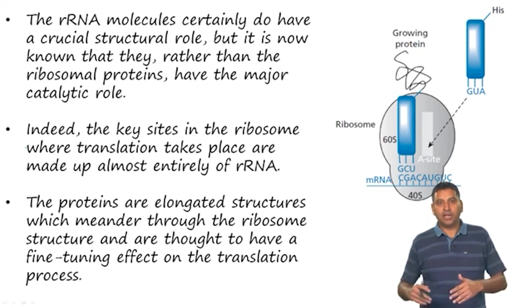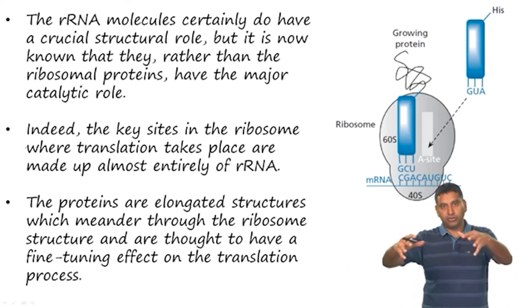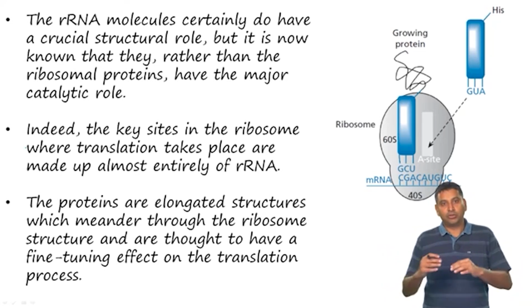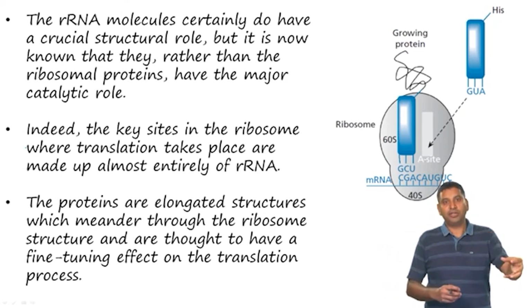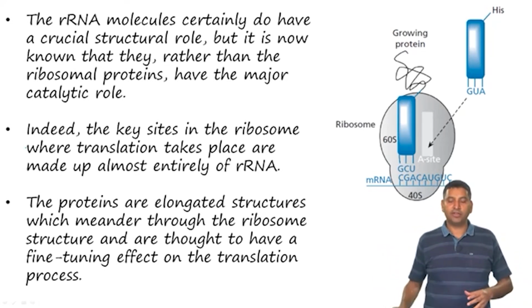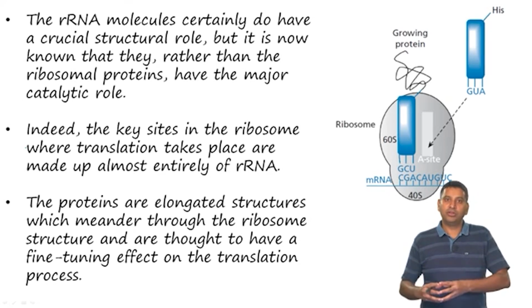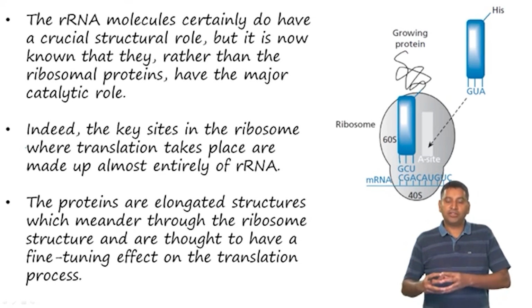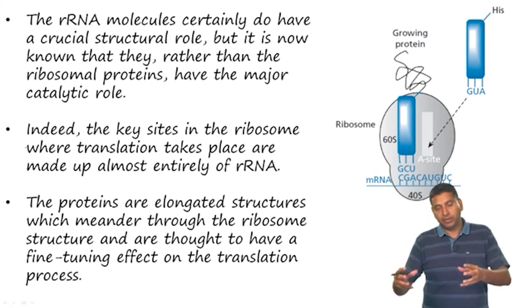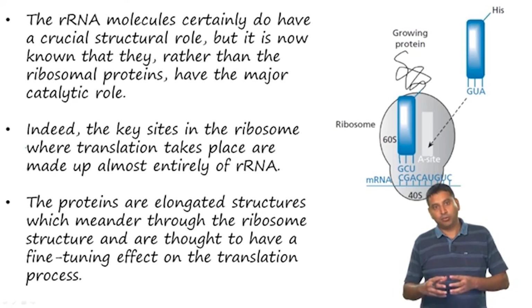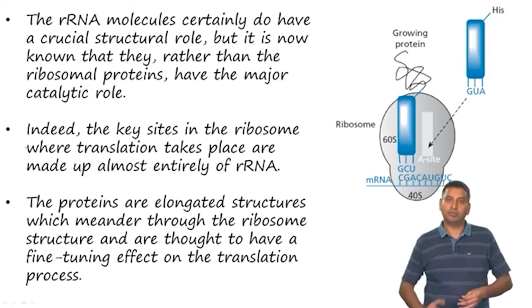The proteins are elongated structures which meander through the ribosome structure and are thought to have a fine tuning effect on the entire translation process. So, ribosomal RNA plays the most crucial structural role as well as catalytic role in the entire translational process, while the protein helps with fine tuning of this process.